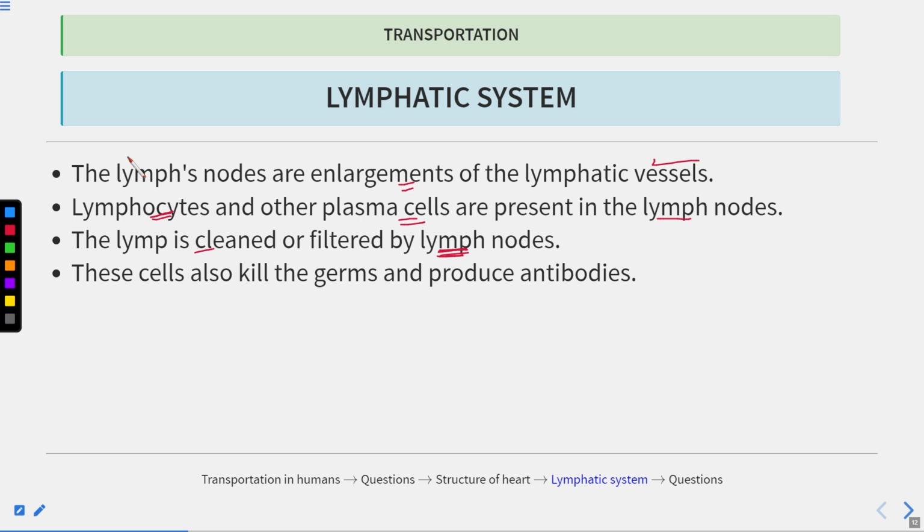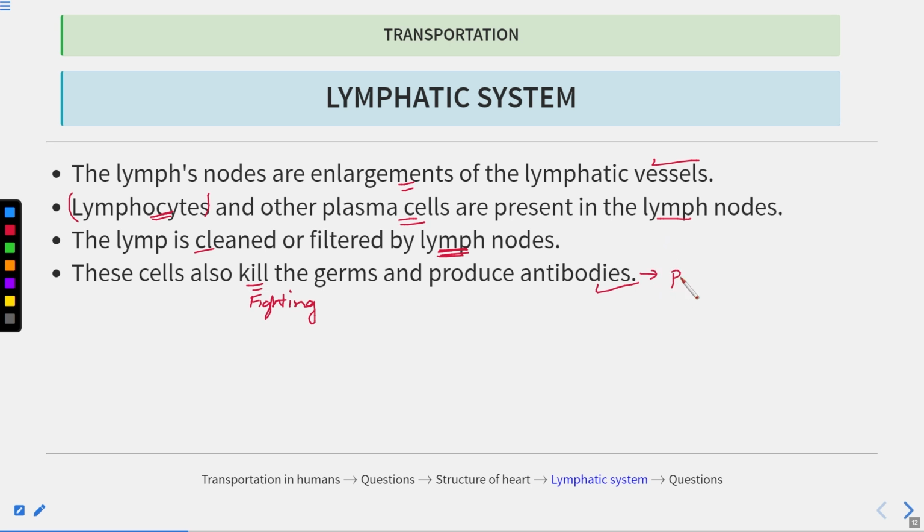Now these cells, as they contain lymphocytes, help in killing or fighting the germs, and they also produce antibodies. So what is the role of antibodies?